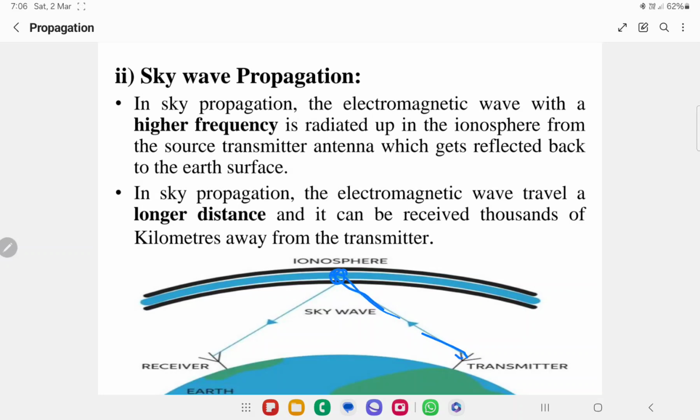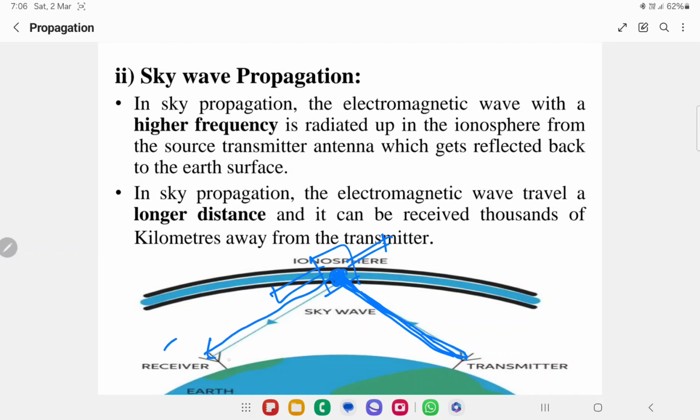See here, from this transmitter antenna it has been radiated to here, and from this point, sometimes we have a satellite sort of thing. Practically, some satellite sort of thing is there, so it catches this signal, generally amplifies it, and sends it back to the receiver.